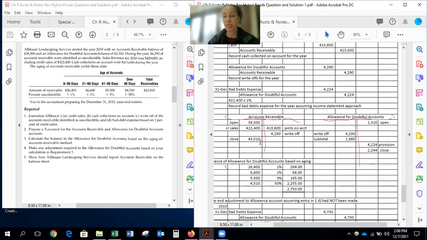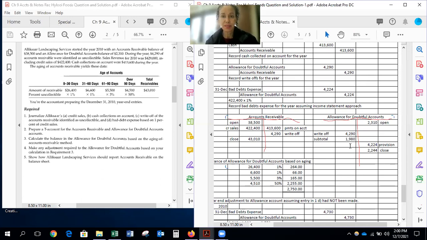The allowance for doubtful accounts was given to us as $2,310. We did write-offs, which gave us, interestingly, a subtotal of a debit $1,980. So it went into a debit balance here. That's okay.